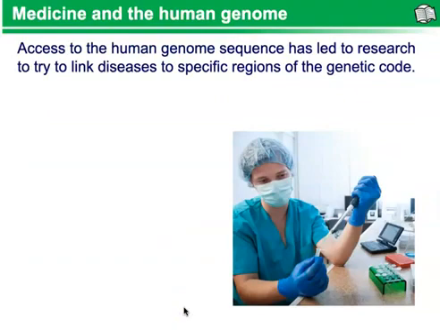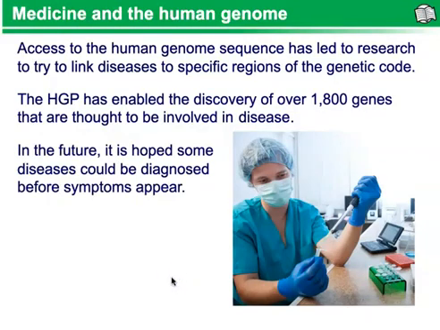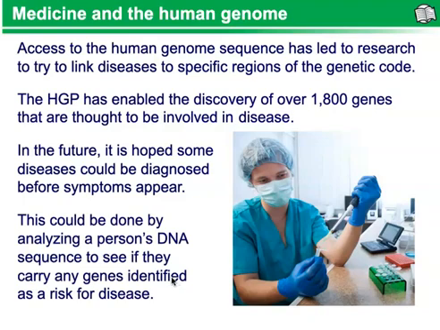Medicine and the human genome. Access to the human genome sequence has led to research to try to link diseases to specific regions of the genetic code. The Human Genome Project has enabled the discovery of over 1,800 genes that are thought to be involved in disease. In the future, it is hoped some diseases could be diagnosed before symptoms appear.